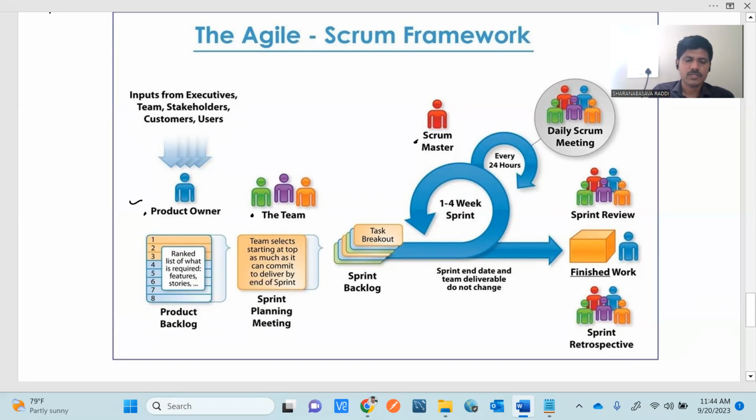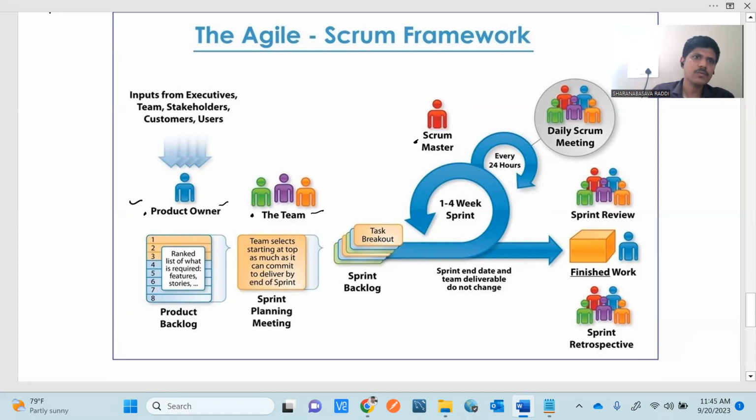So first role is product owner, and the one more role is the team or the Scrum team, and third role is Scrum Master. Okay. You need to have this information before going for the Scrum framework. The people involved in this Scrum framework mainly are product owner, the Scrum team, and the Scrum Master. Okay. So we'll keep these terminologies aside and we'll start from here.